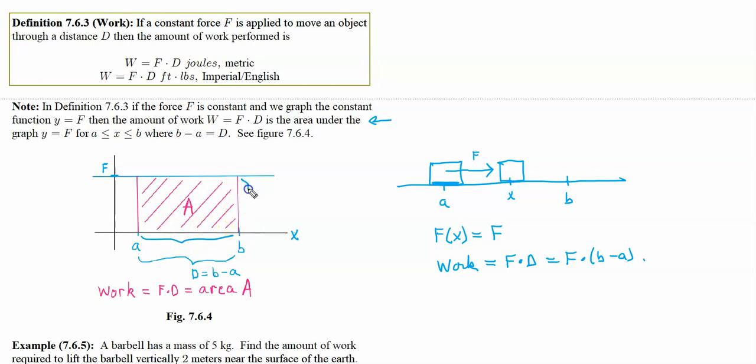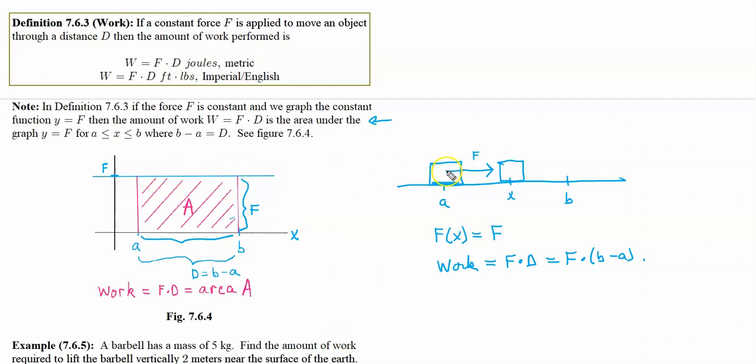F is the height. And so if we evaluate F times B minus A, that gives us the area underneath the graph of our force curve.